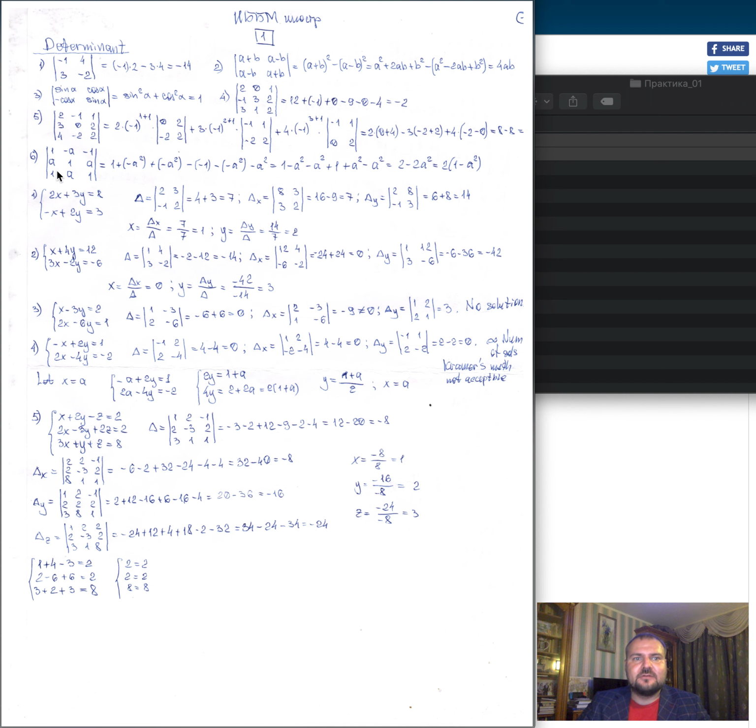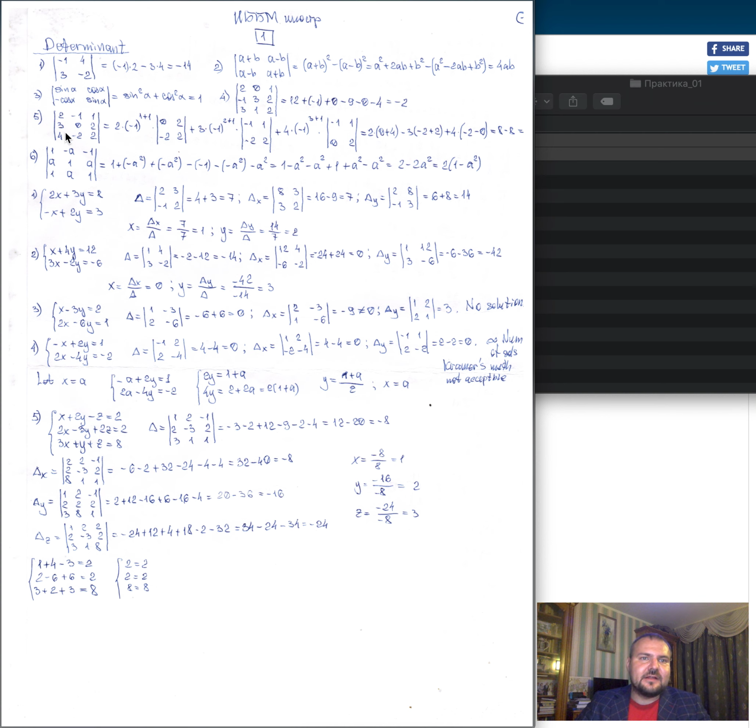We delete the first column and the first row, and the cofactor would be the determinant of the 2 by 2 matrix 0, 2, -2, 2. Then plus, expanding by the first column, value 3, second row, first column, multiplied by -1 in the power of second row plus first column, and the cofactor. We delete the first row and the elements on the first column, second row. The remaining elements -1, 1, -2, 2.